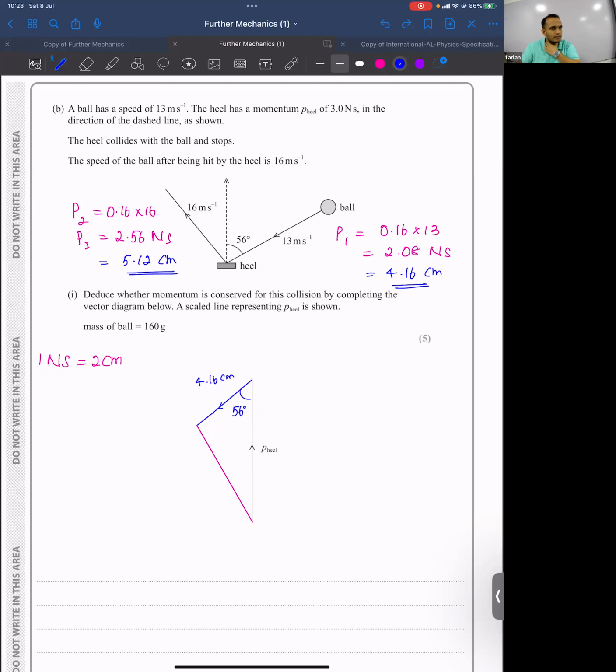You get what I'm saying? Measure and tell me what length you are getting. What's that length? 5 point?